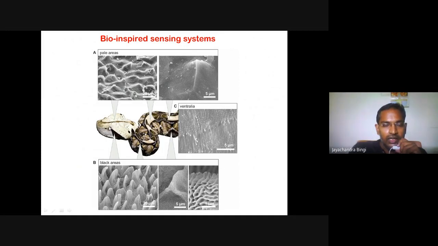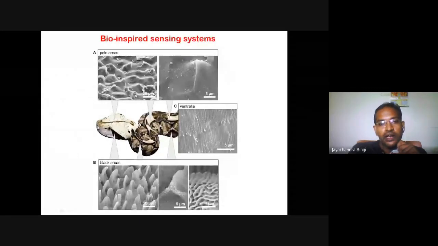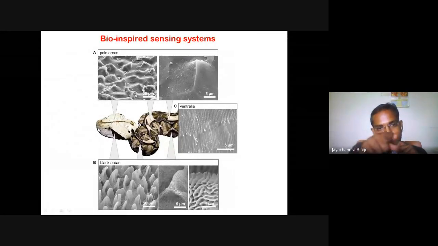Here you have the snake's eye, and at the bottom position you have another kind of eye. Of course, you won't believe me if I call it an eye. It is a kind of sensing system which observes the IR part of the image. Maybe you can call it an infrared proximity sensor in your language.